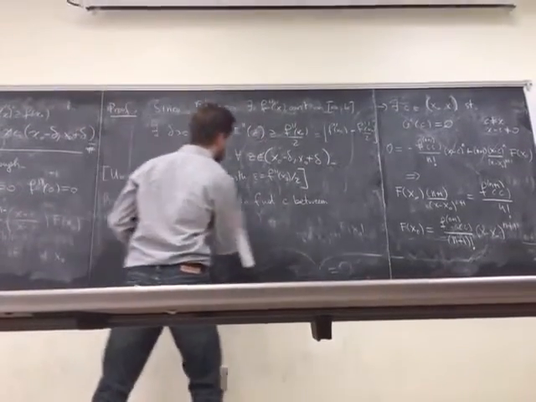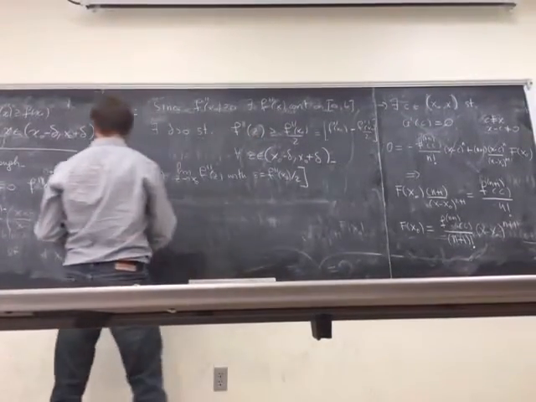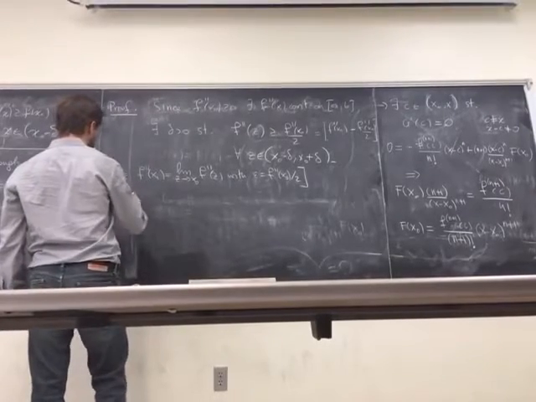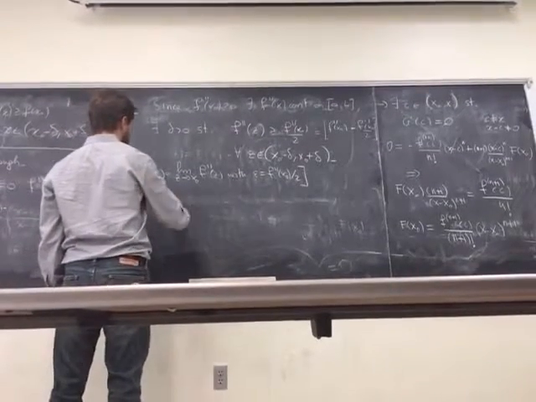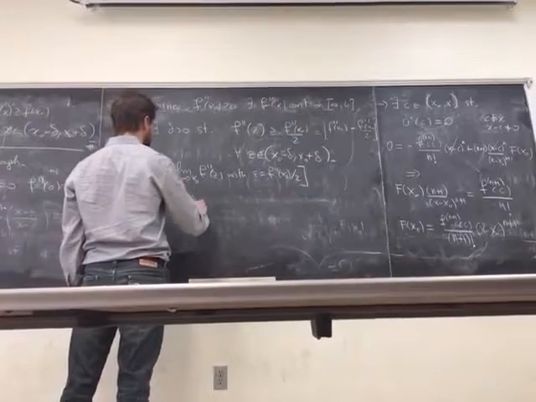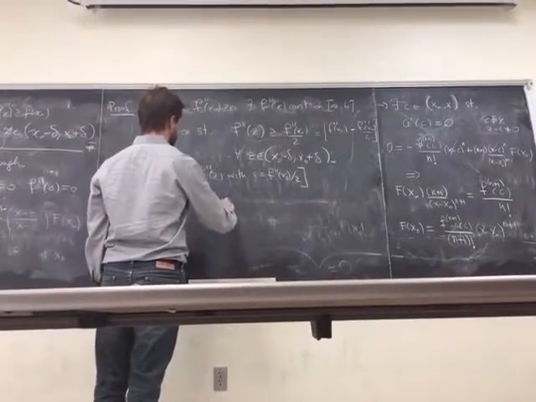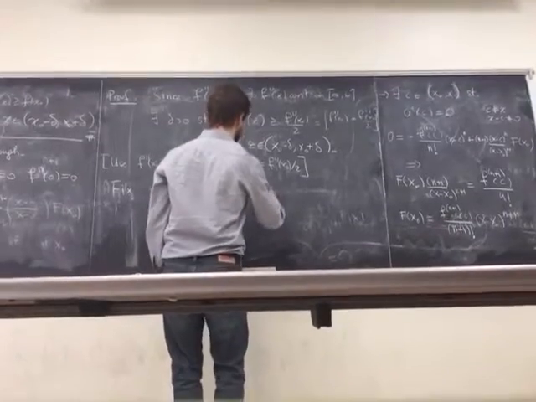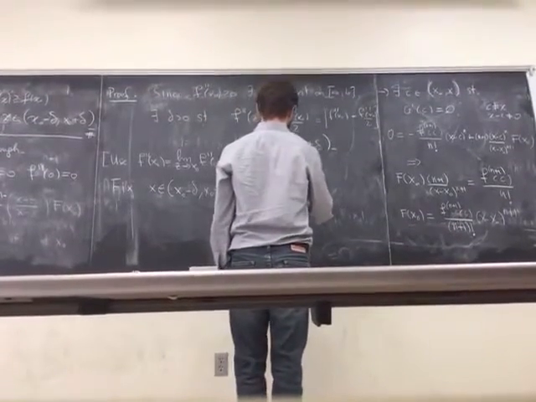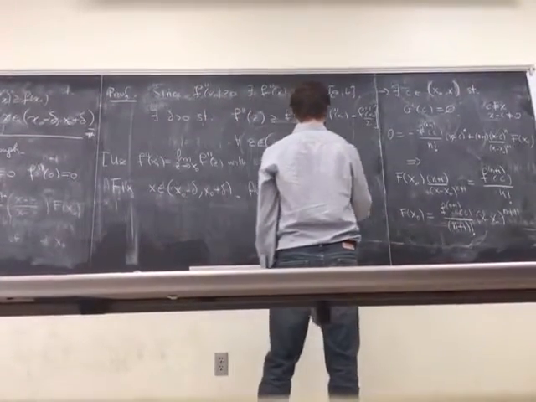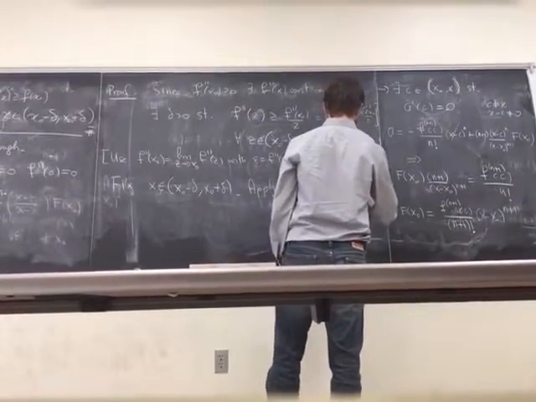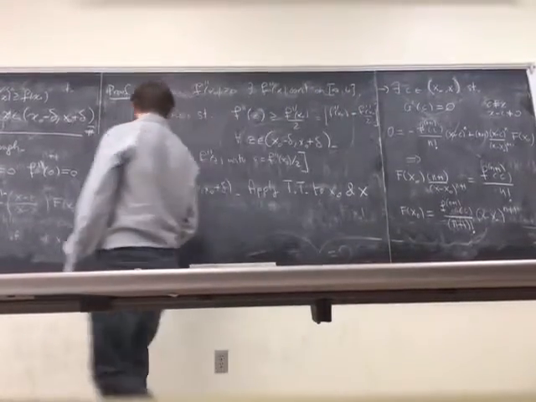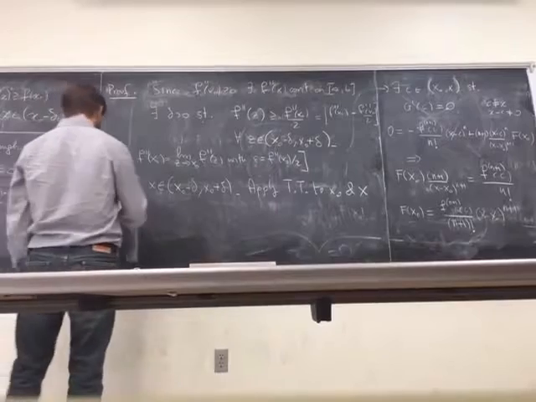So fix now x inside the interval x naught minus delta, x naught plus delta. Okay? Apply Taylor's theorem to x naught and x.